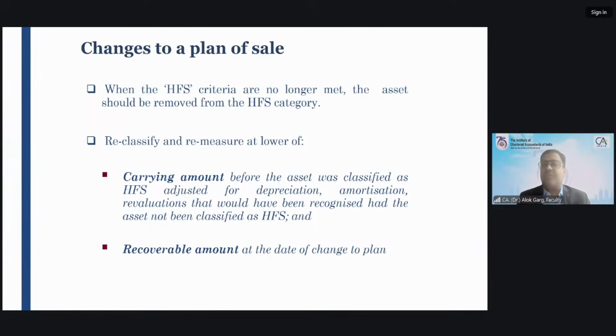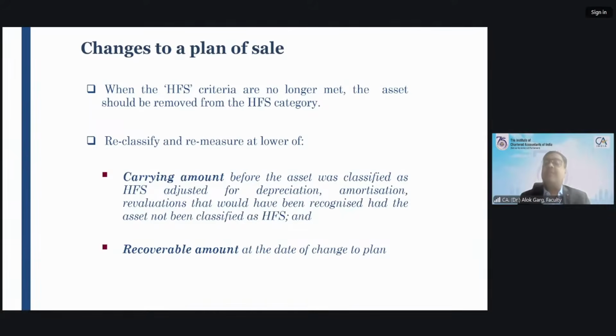So up to August 2019, when it was Ind AS 16 PPE, we were following the principles of Ind AS 16. On every reporting date, we were depreciating, checking impairment, computing the carrying amount, and doing our normal business.